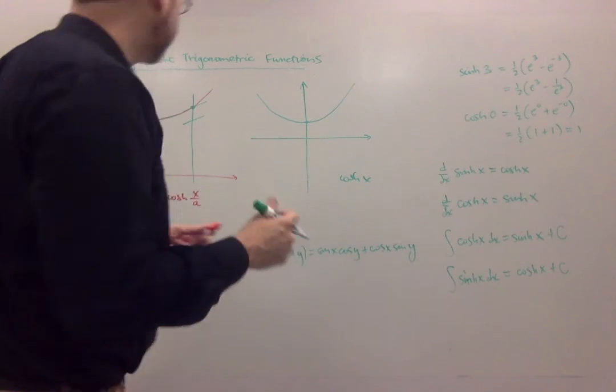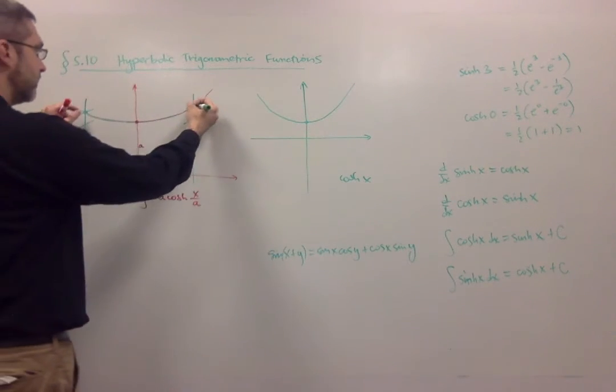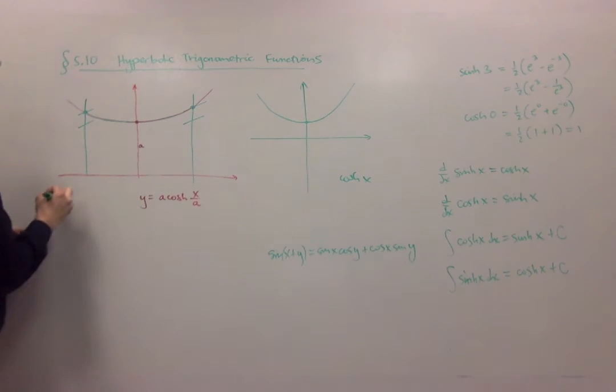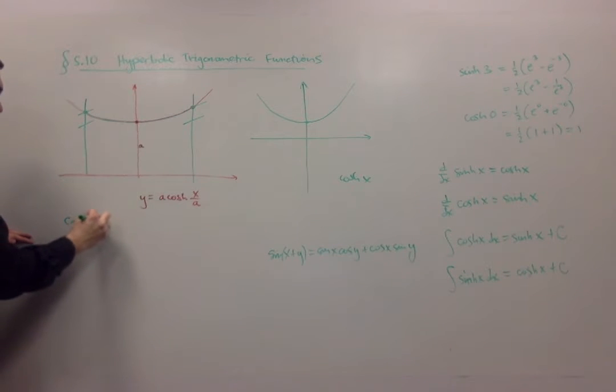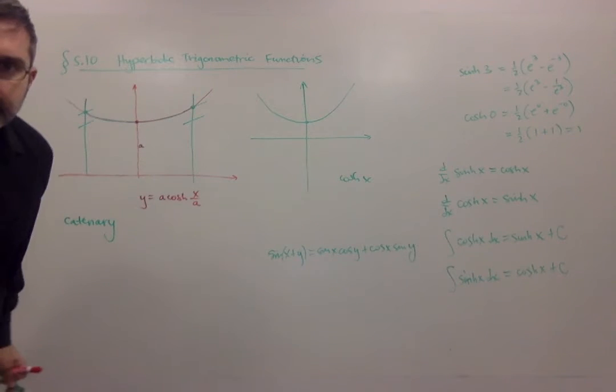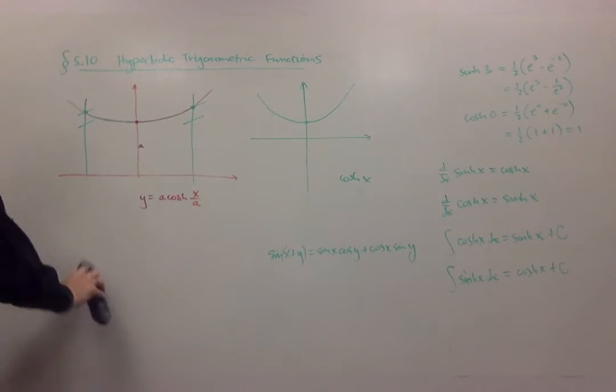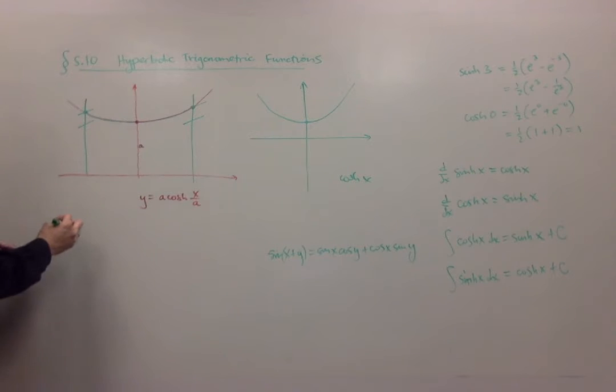When you string two things from two points, this is actually called a catenary. Let me write that just a little bit bigger so you can see that. Okay. Catenary.